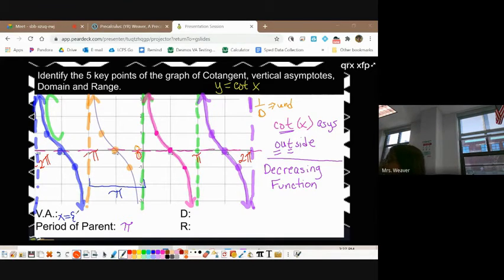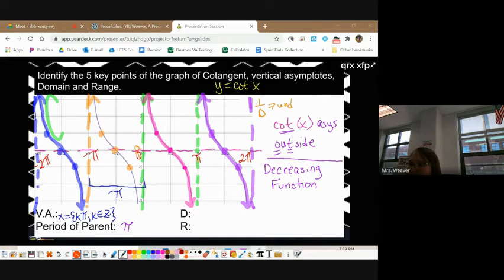It's the set of all k pi, you're right, where k is an element of the integers. We're saying it's multiples of pi, where that multiple has to be a positive or negative whole number. That's what integers means, positive and negative whole numbers. So it's any positive or negative whole multiple of pi, okay? So the set of all k pi where k is an element of the integers, okay?